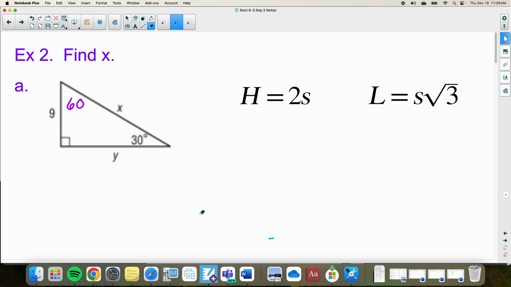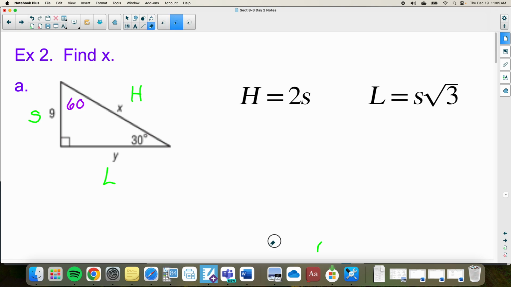Then you label the different sides you have. Across from the right angle is our H, across from the 30-degree angle is our S, and that stands for shortest leg, and across from the 60-degree angle is our L, and that stands for longest leg, okay?